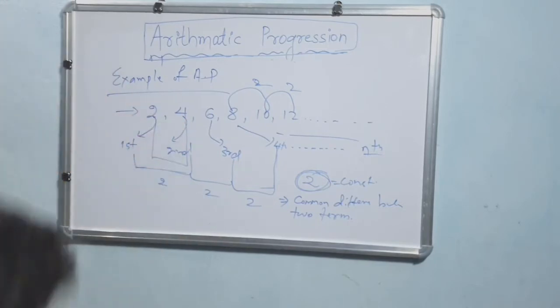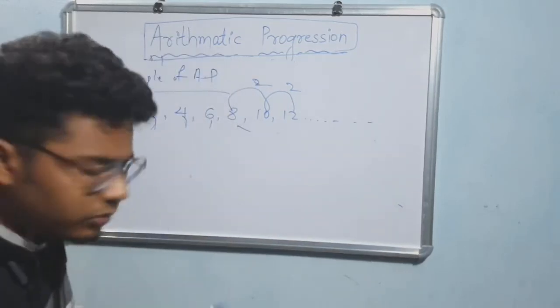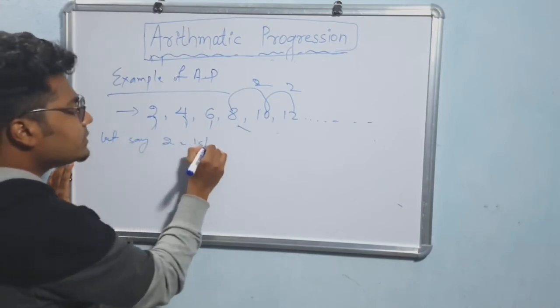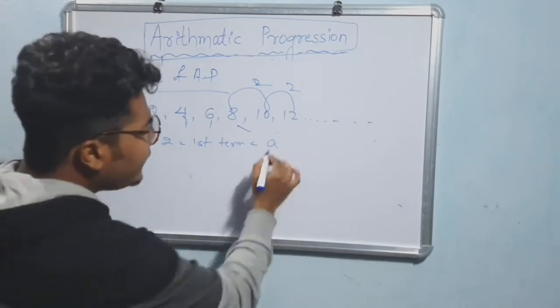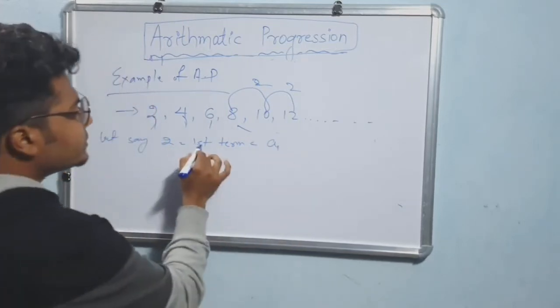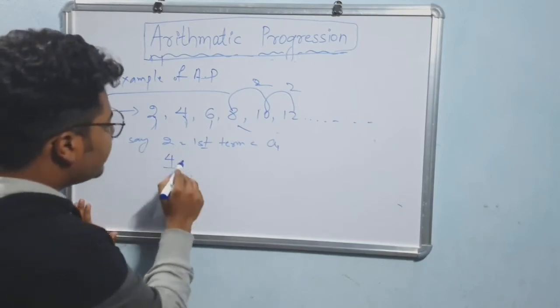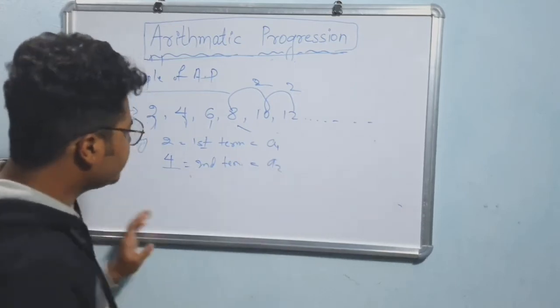So 2 is the first term, which is denoted by A1. Then 4 is the second term, denoted by A2.